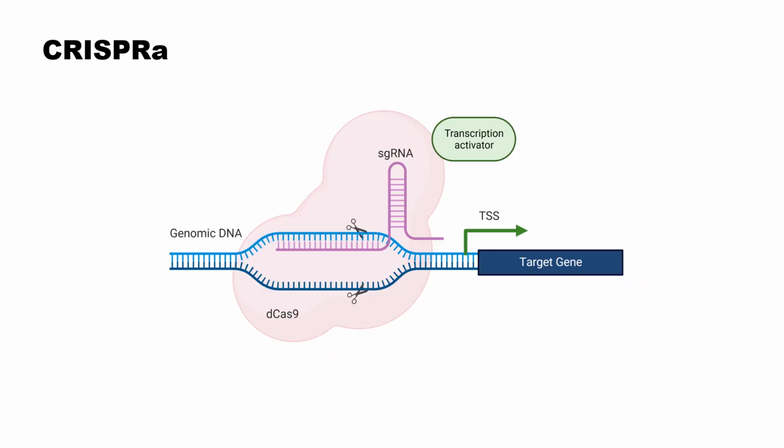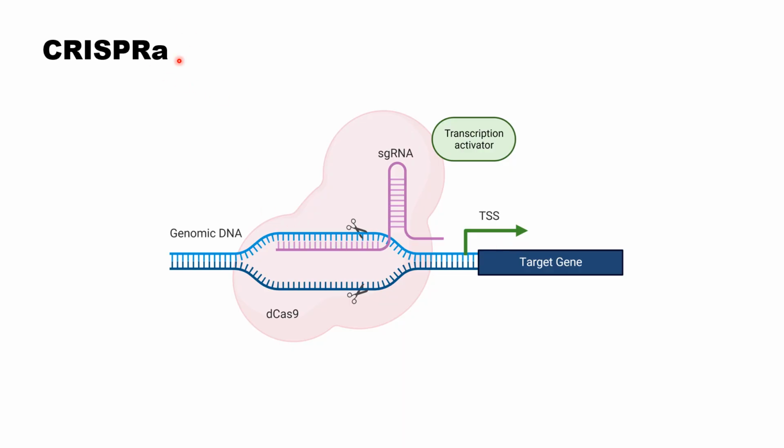A modified CRISPR system, CRISPR-A, is also possible. The original function of Cas9 is binding to the sequence and cleaving. But if you mutate Cas9 to deactivate it, it can bind to the sequence, but it cannot cleave. Instead, here if you add a transcription activator, and this binding site is not in the coding area but in a promoter area, then this binding event can accelerate and turn on the gene expression.